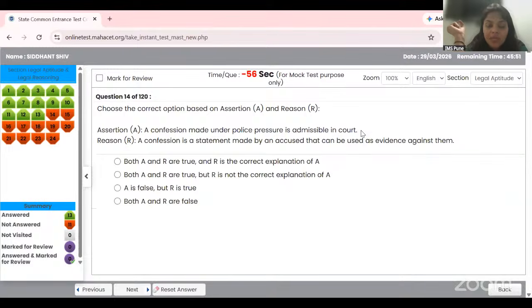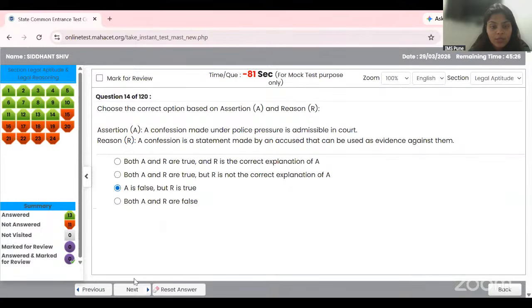Please make sure that before you go for legal section, you have read some basic concepts. So here we see that assertion is clearly false. Let us look at the reason. A confession is a statement made by an accused that can be used as evidence against them. Yes, it is a correct explanation of confession. So our answer here would be C, which is saying assertion is false, but the reason is true.